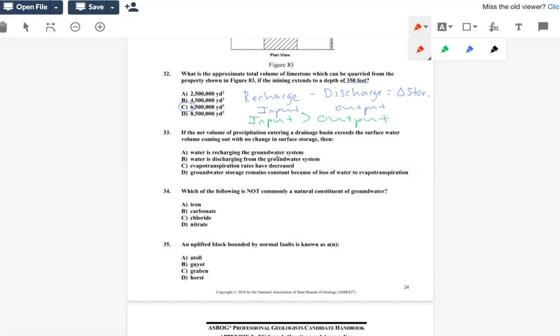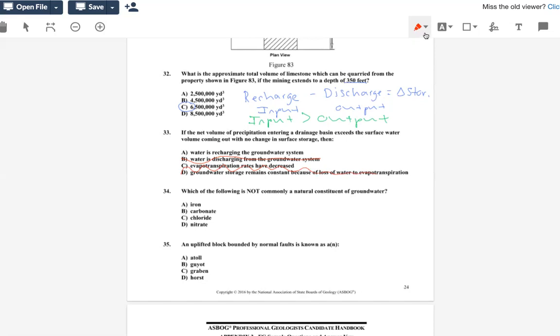Water is discharging from the groundwater system. You're not having any change in surface storage. So no. Evapotranspiration rates have decreased, remains constant because of, okay, neither of these are great.